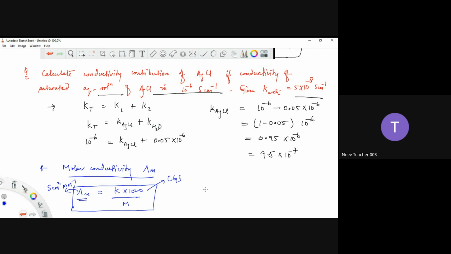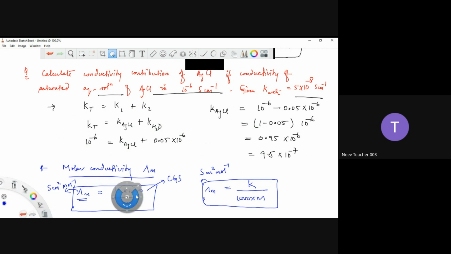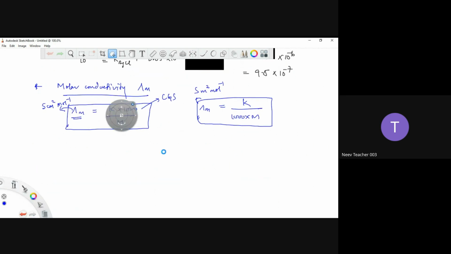But if you are going to take the unit as Siemens meter square mole inverse, which is in SI, then the formula becomes kappa divided by 1000 into molarity. Keep in mind, guys, accordingly you're going to use it. So don't mix it up. Most of the time students only use the first one; they see the molar conductivity and go for it.